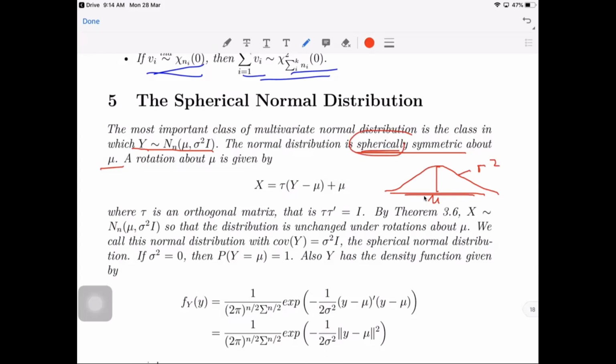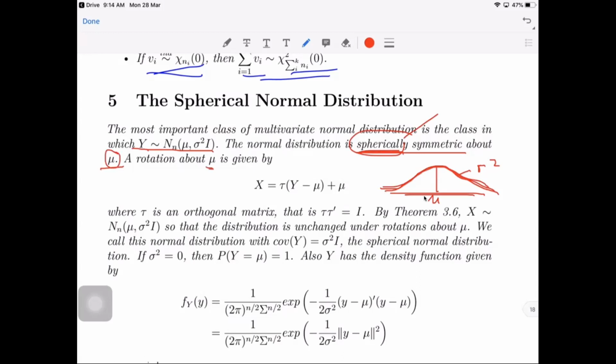I hope you can imagine how this normal distribution is viewed in a three-dimensional or n-dimensional space, like a sphere or a ball in form. And the center part there is the mean vector mu.